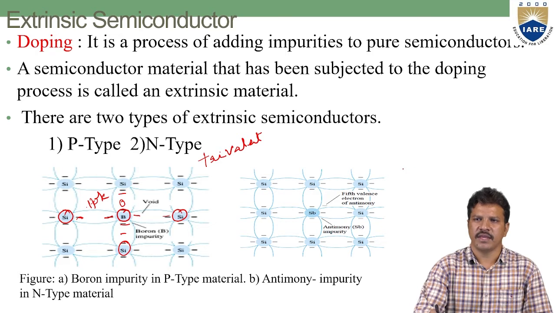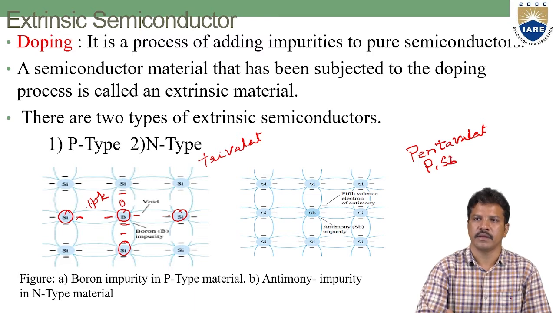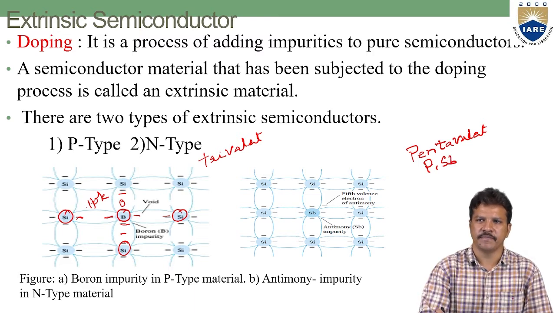Coming to the n-type material, similarly take the silicon two-dimensional atomic structure and add impurity atoms like pentavalent atoms, like phosphorus, antimony. If you take antimony impurities, which has 5 valence electrons, so this is antimony.